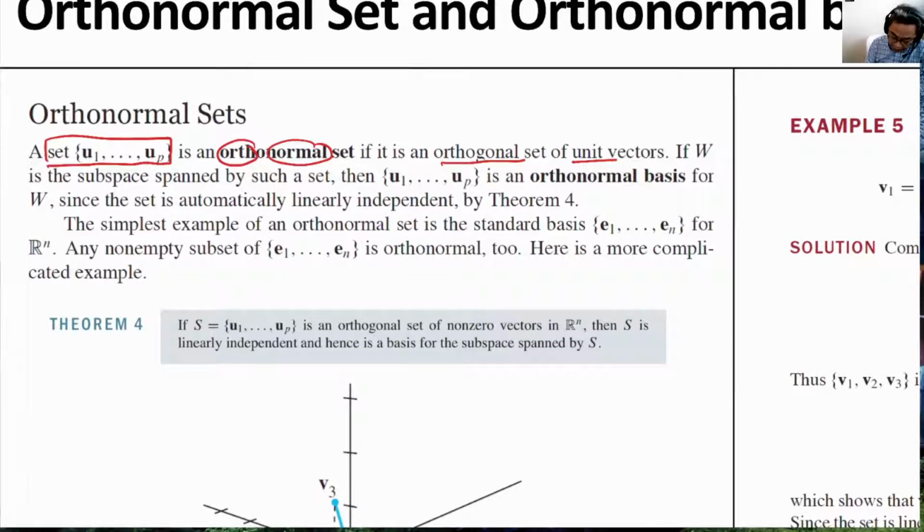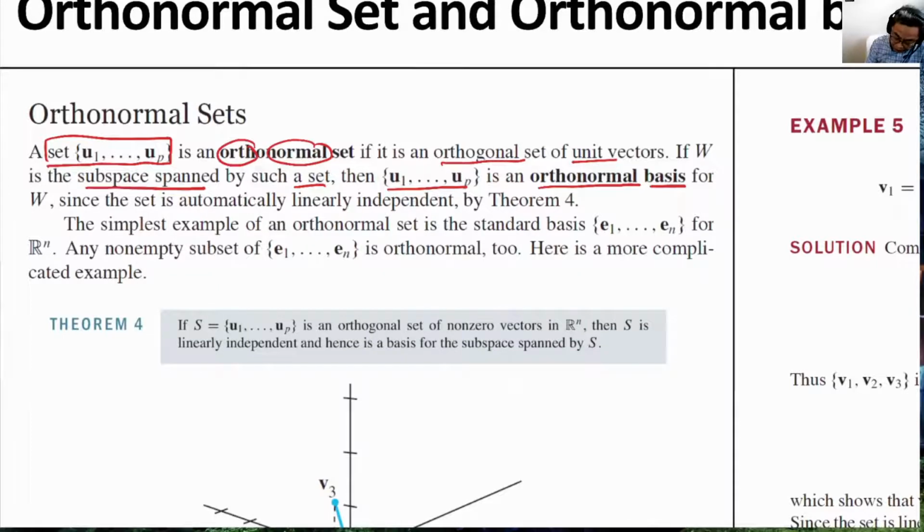If W is a subspace spanned by such a set, then this set of vectors is called the orthonormal basis. Remember, a basis is a set of vectors that spans a space. So u1 to up spans a space W. If u1 to up is not only orthogonal but orthonormal, they are an orthonormal basis.